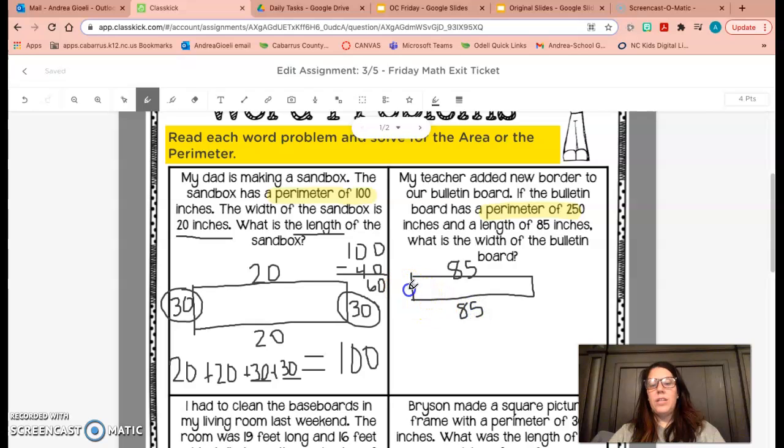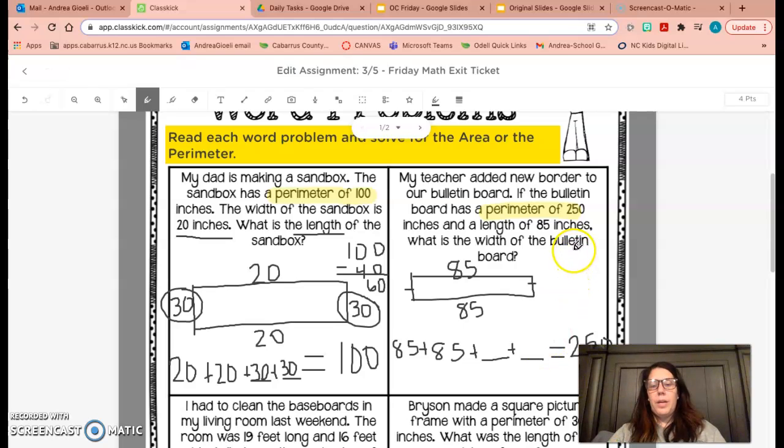So these two sides right here are the ones that we're looking for. Well, I know my total is 250, so I'm going to write that over here for my total. And I'm going to write my 85 plus my 85. And I know I have to have 4 add-ins, right? Because those are my missing numbers here, and there's 4 sides in a rectangle.